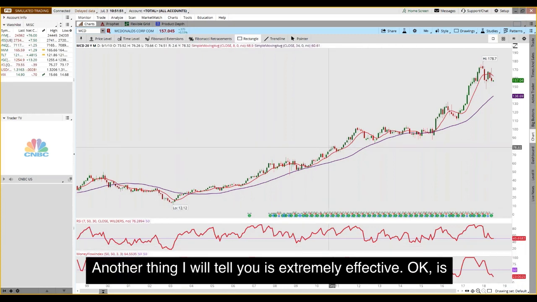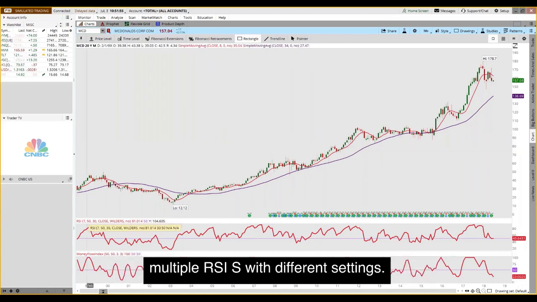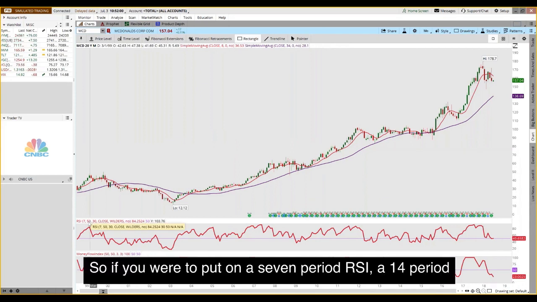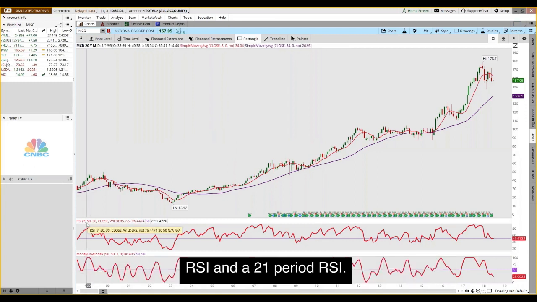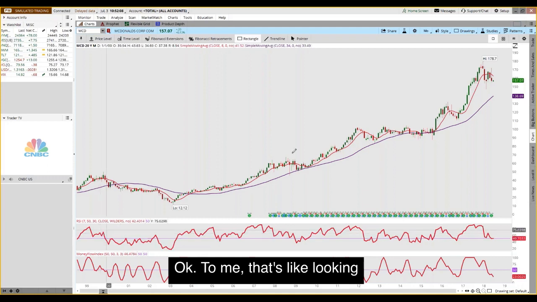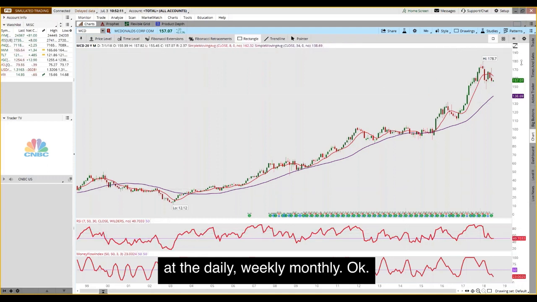Another thing I will tell you is extremely effective is multiple RSIs with different settings. So if you were to put on a 7-period RSI, a 14-period RSI, and a 21-period RSI, to me, that's like looking at the daily, weekly, monthly.